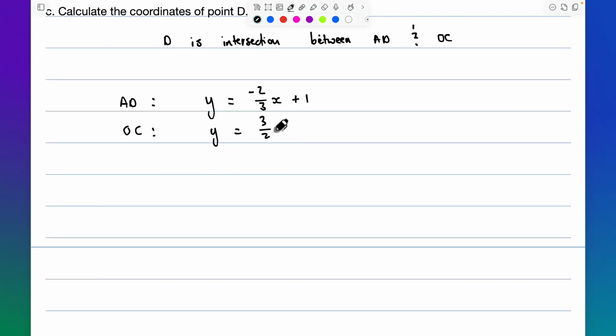So in order for us to find the x value, we're going to say, okay, a point of intersection means that at that very same point, your y values are the same. So we say the y value of the first line is equal to the y value of the second line. So we take the y expression from the first one, negative 2 over 3 x plus 1, and that's equal to the y expression of this one, which is 3 over 2 x.